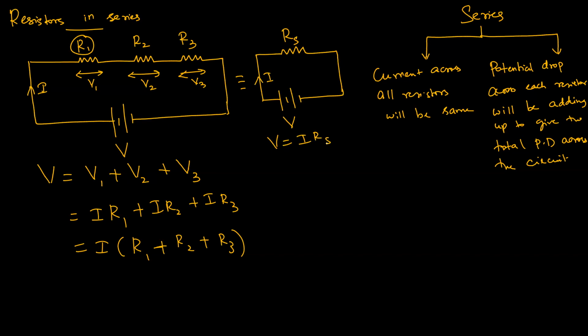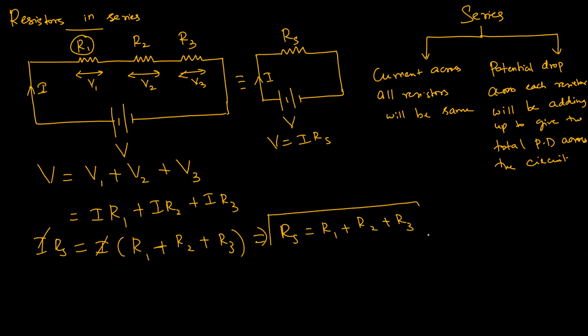Substituting, I into RS is equal to I into R1 plus R2 plus R3. I and I get cancelled, which implies RS will be equal to R1 plus R2 plus R3.